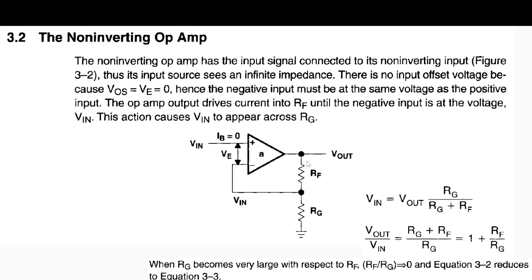RF is the feedback resistor, and RG we name the gain resistor. To see the transfer function, V out over V in, you just flip it, and you can write it as 1 plus RF over RG.